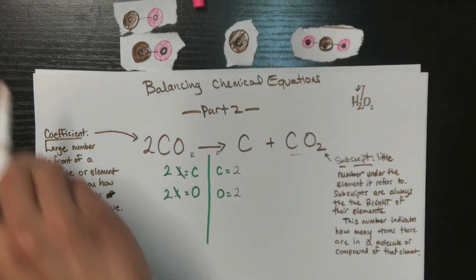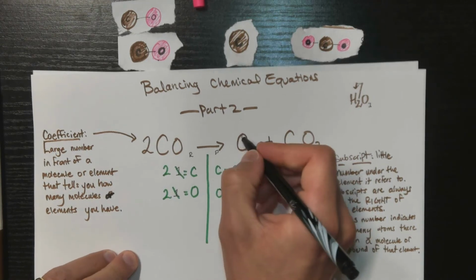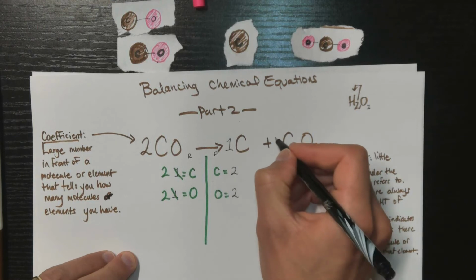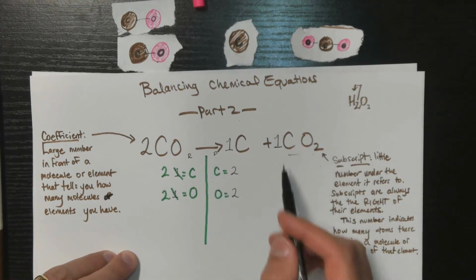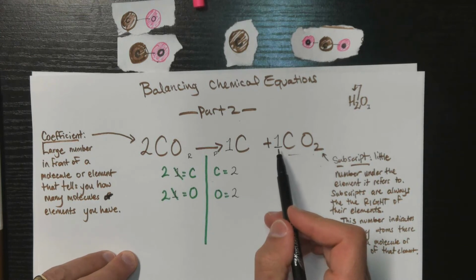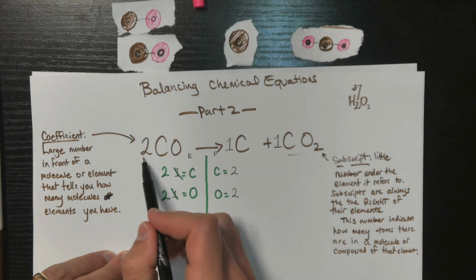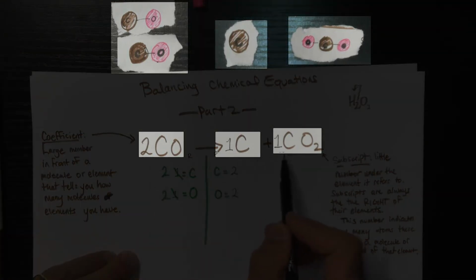Similarly to the subscript, I have not written a coefficient in front of carbon, but it's implied that there is 1. I have also not written a coefficient in front of carbon dioxide, but it is also implied that there is 1. So the ratios here, the coefficients across from left to right, are 2, 1, and 1.